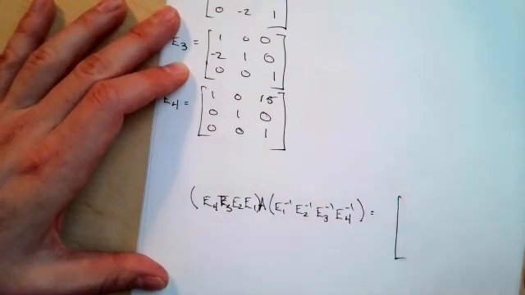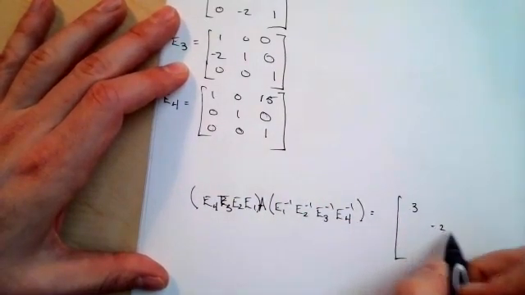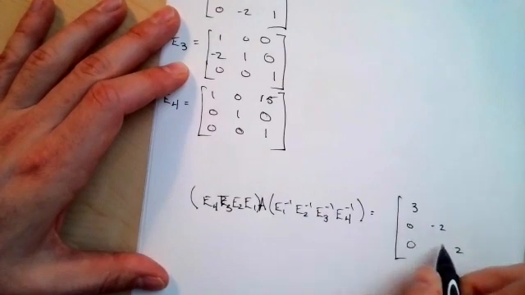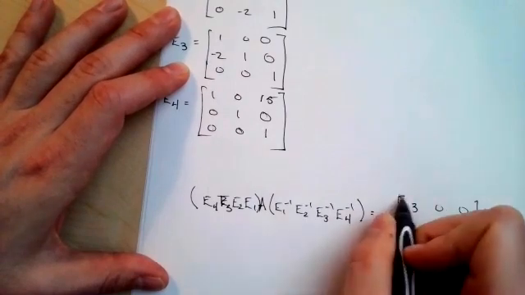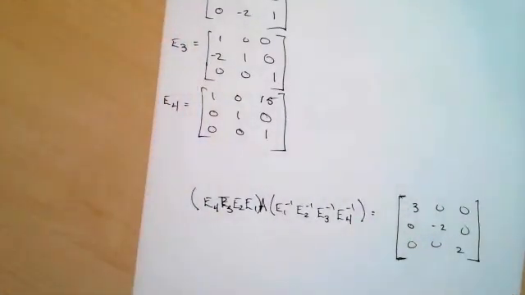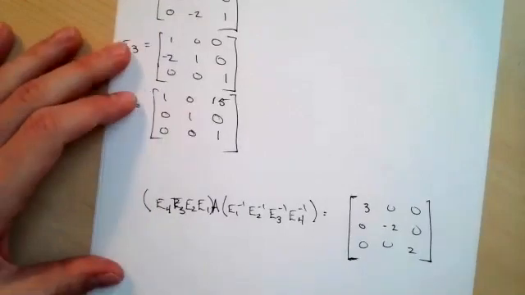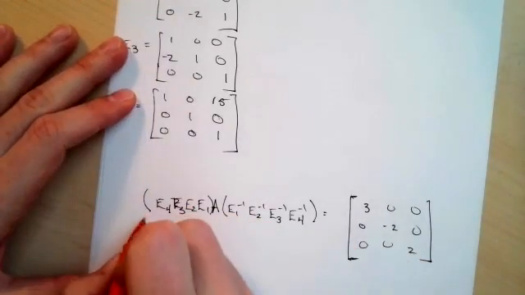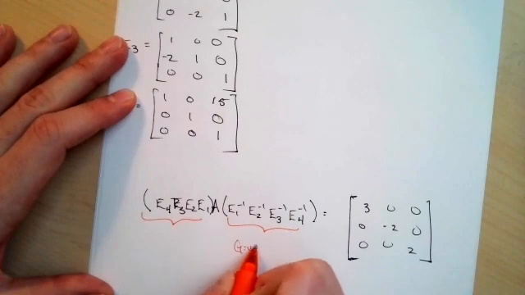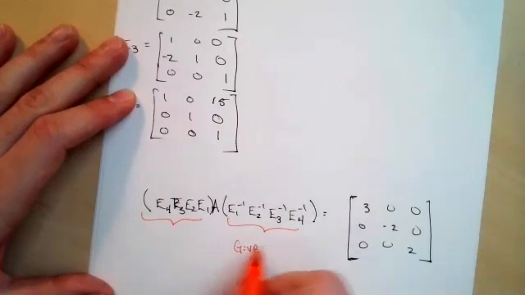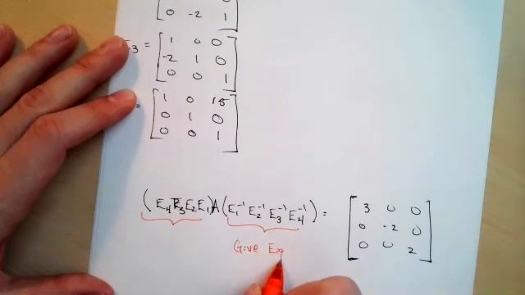And then we got this diagonal matrix. And so what we will conclude with is the fact that these matrices, in particular this guy, give the eigenvectors.